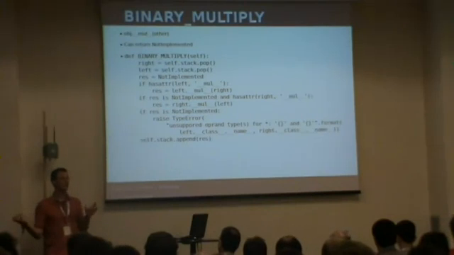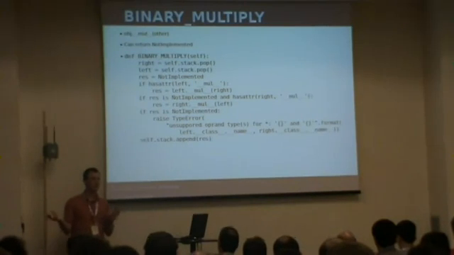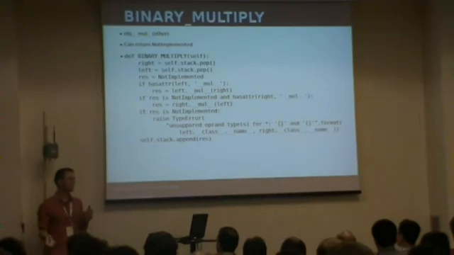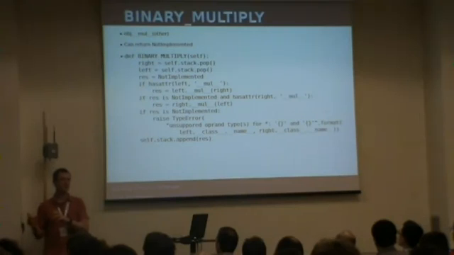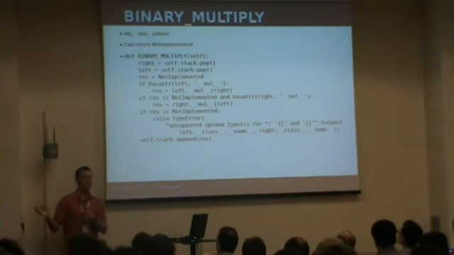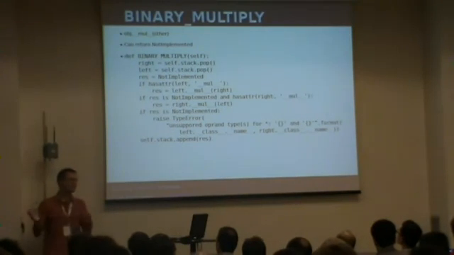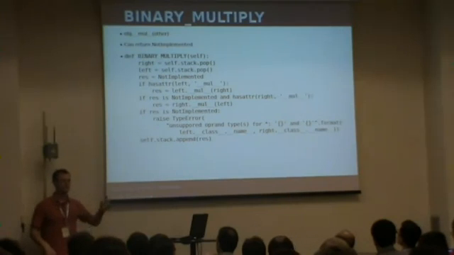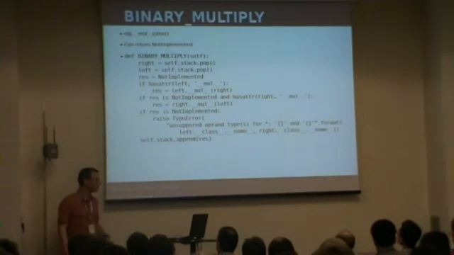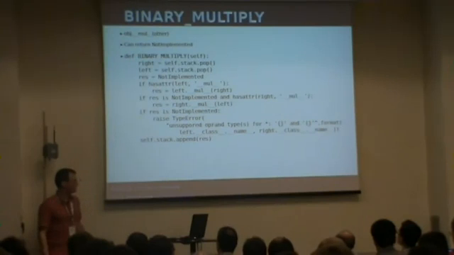If it doesn't know the other object or doesn't know how to multiply with it, it just says NotImplemented. And then Python will try the other object and ask, do you have a mul method? If so, do you know how to multiply yourself with the first object? That's what this loop does.